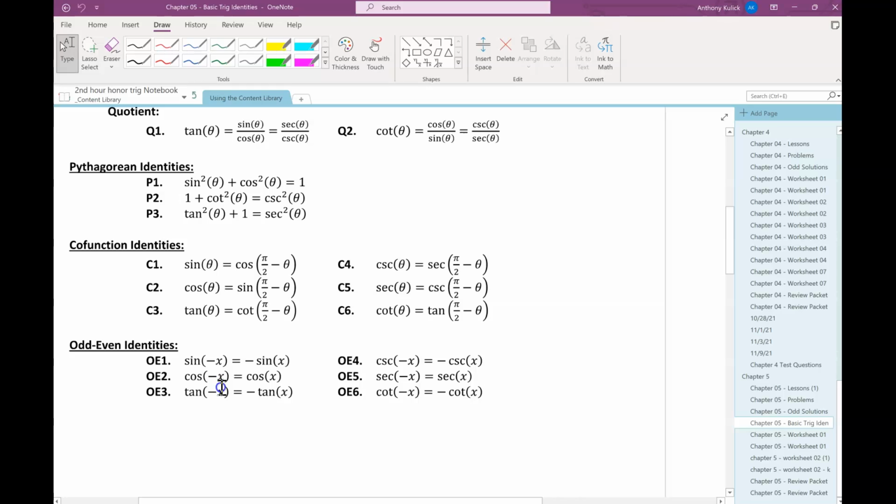And the last set of identities are these odd and even identities. You recall when we talked about graphing, the graph of sine was an odd function. Since it's an odd function, we know that f of negative x is equal to negative f of x. That's where this first identity comes from. And obviously, if sine is odd, its reciprocal function is going to be odd.